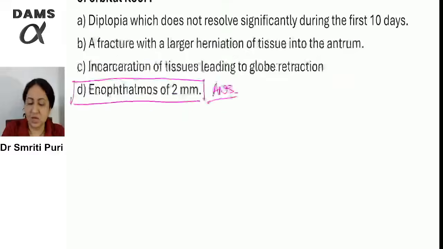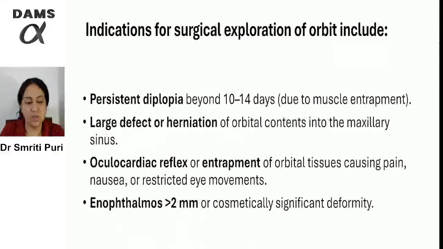Now let's quickly go through the indications for surgical exploration of the orbit. The first one is persistent diplopia for 10 to 14 days due to muscle entrapment.